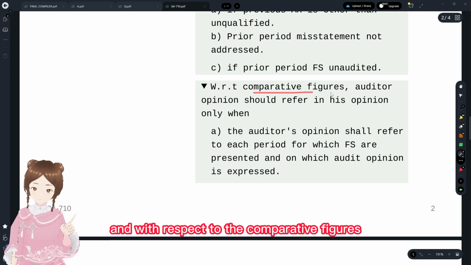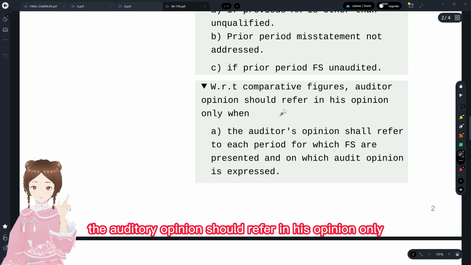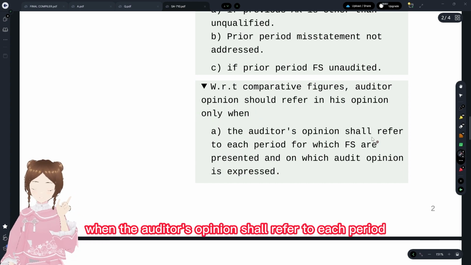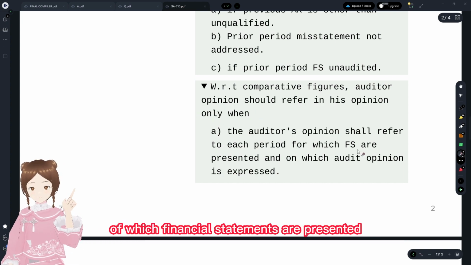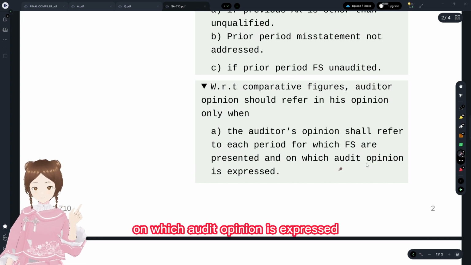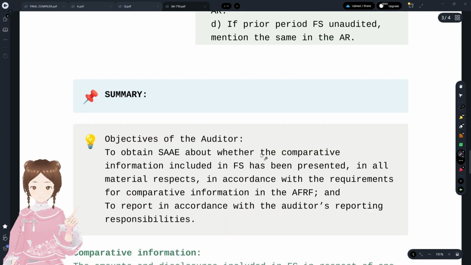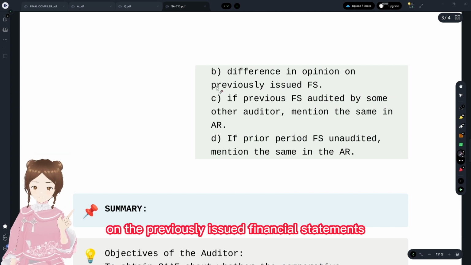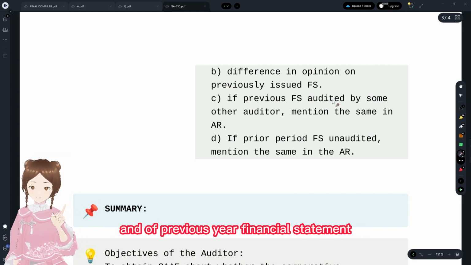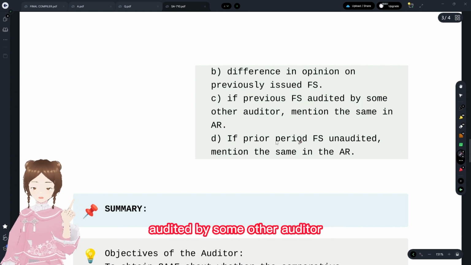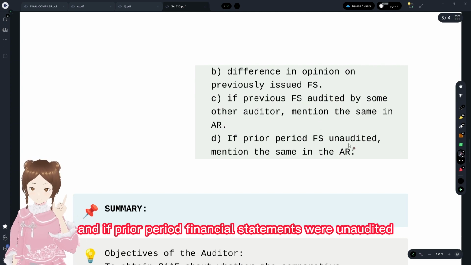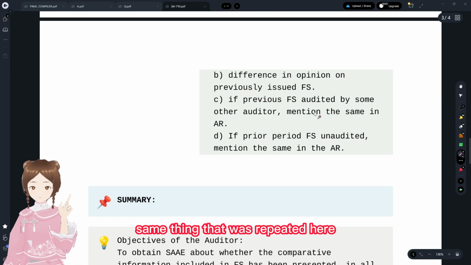And with respect to the comparative figures, the auditor's opinion shall refer to each period for which financial statements are presented, on which an audit opinion is expressed, and the difference in the opinion on the previously issued financial statements, and if the previous year's financial statements were audited by some other auditor, and if prior period financial statements were unaudited. Same thing that was repeated here.